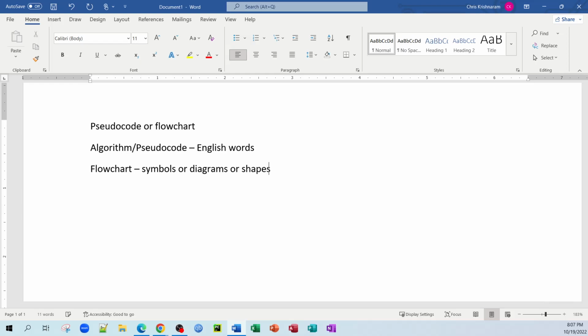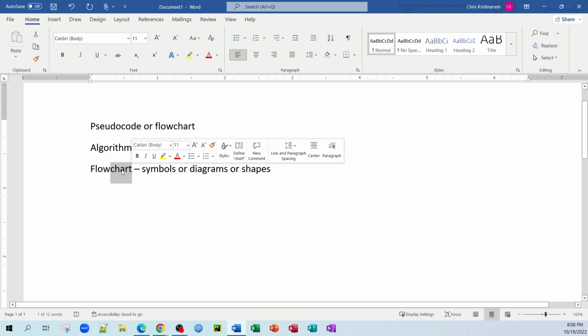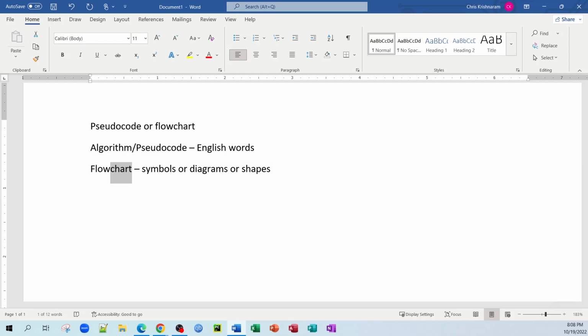Whichever word you want to use, that is the differentiating factor between the two. The pseudocode and algorithm are going to continue to use English words, whereas the flowchart, as the name implies, this word here, chart, should give you that picture in your mind that it's referring to shapes, symbols, and so on. Are we following so far? Yes, sir. Yes, sir. Yes, sir.